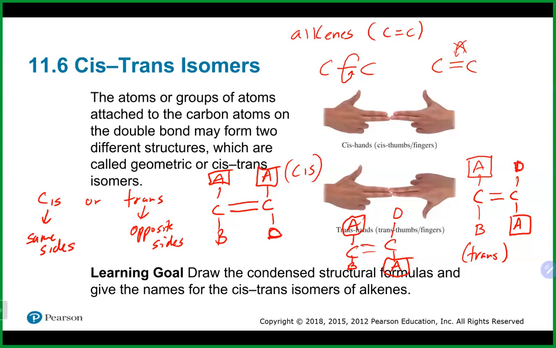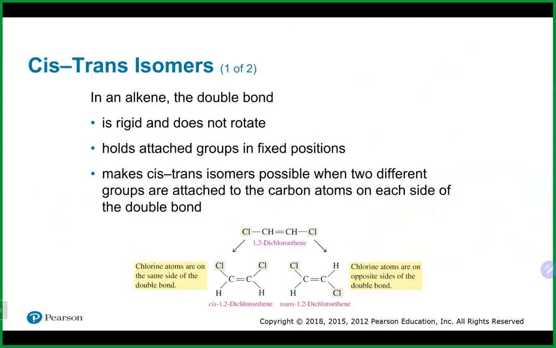So how do you know if you could have a cis or trans isomer? There's a couple of things you have to make sure of when you look at the double bond. In order for it to even be possible for a cis or trans isomer, each carbon in the double bond needs to have different groups attached to it.